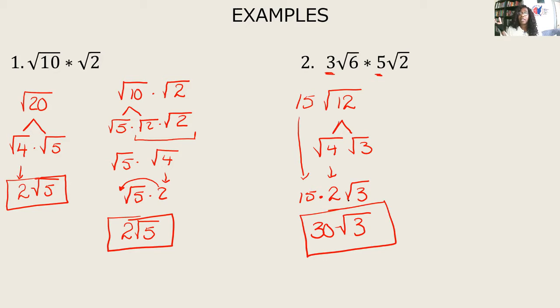Okay, so multiply the whole numbers, multiply the radicals, simplify. Don't forget about the whole number to bring it on down. I feel like a temptation right now. Okay, so once you bring it on down, then again, multiply the whole number with the whole number, and then bring down your radical.